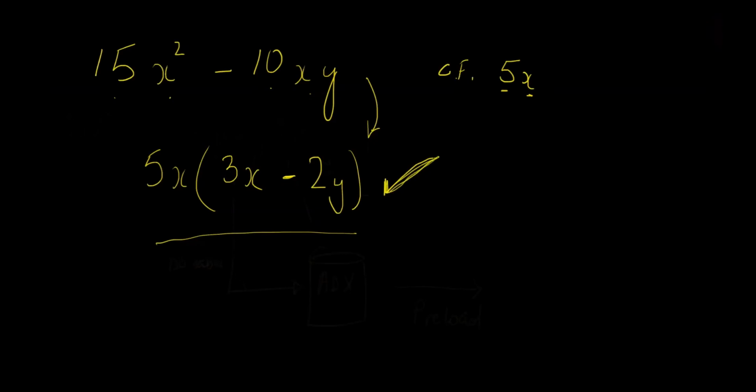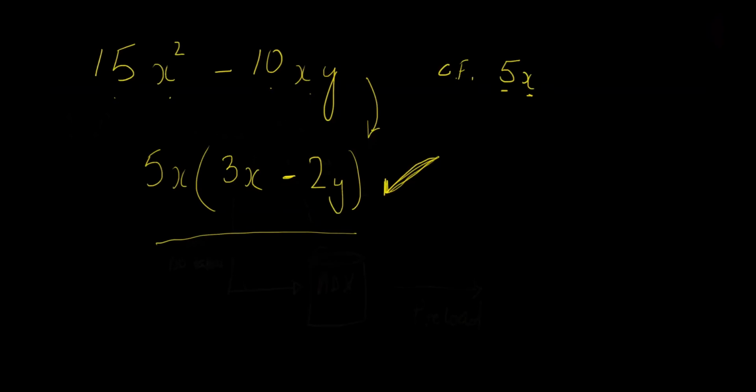Just try and remember: 5 times what gives me 10xy? It's got to be a 2 because it gives you the 10, and I've got to have a y in there, so it's got to be minus 2y. If you expanded out this bracket, we would get exactly the same term.